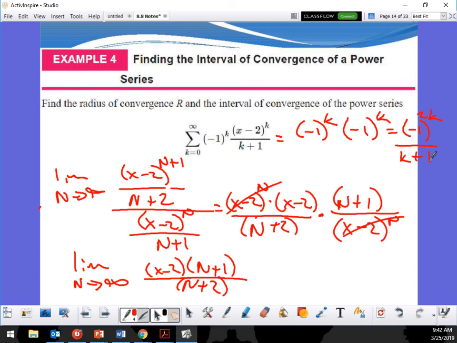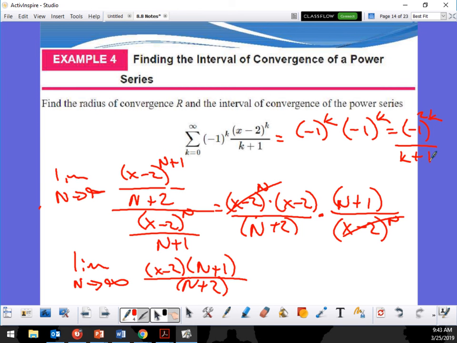Since it's a 2 right there, all of those exponents are going to be even, so basically it's going to be 1 over k. 1 over k is the harmonic series, so that one's divergent. That one is not going to work. So 1 is not included.